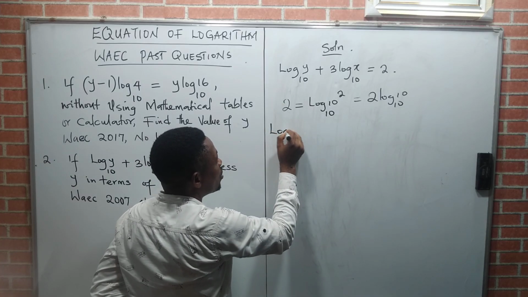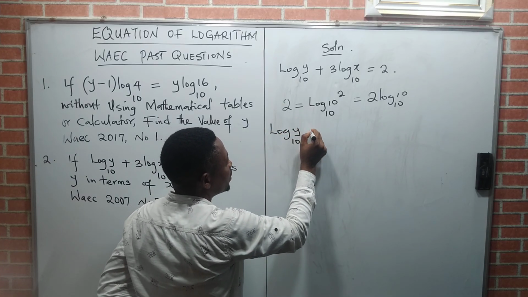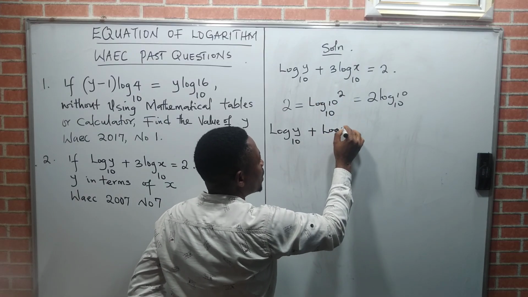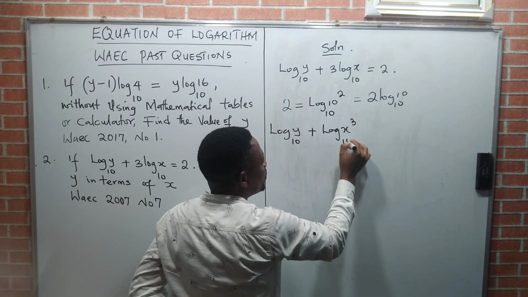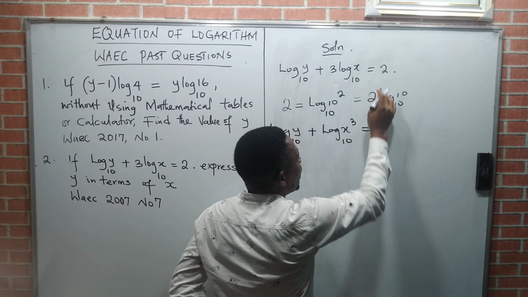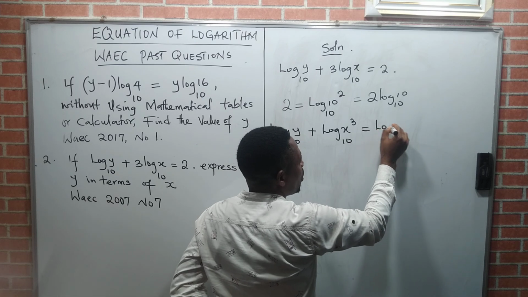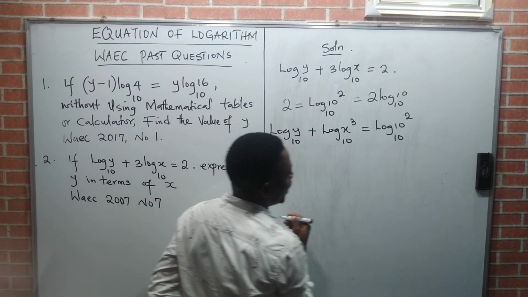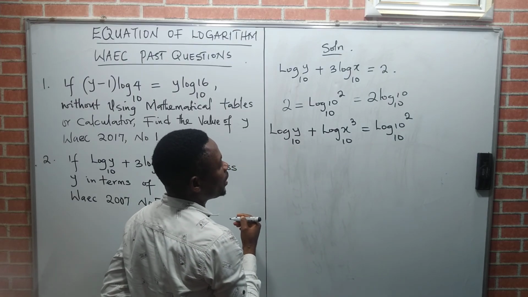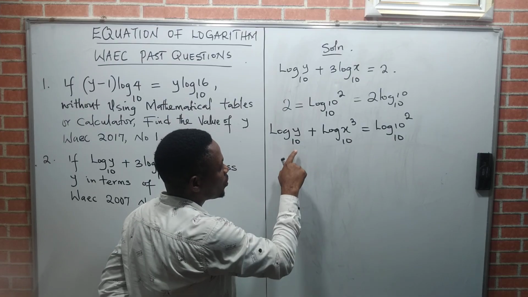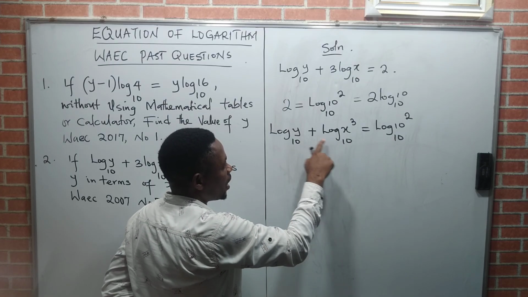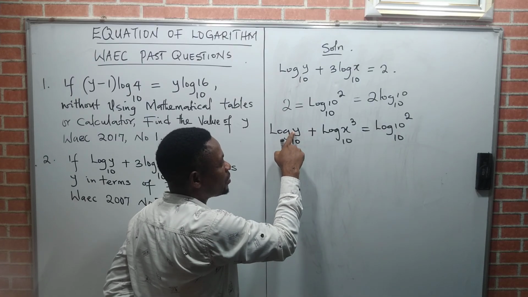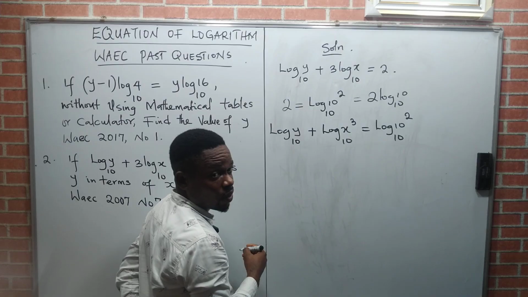I will now have log of y to base 10 plus, take this 3 to the power. You have log x raised to the power of 3 to base 10. Then convert this 2 to base 10. It is log 10 to base 10 all to the power of 2. Are you with me? Now there is a law in logarithm that says when the bases are the same and it is addition, you should pick one of the logs and multiply the values.